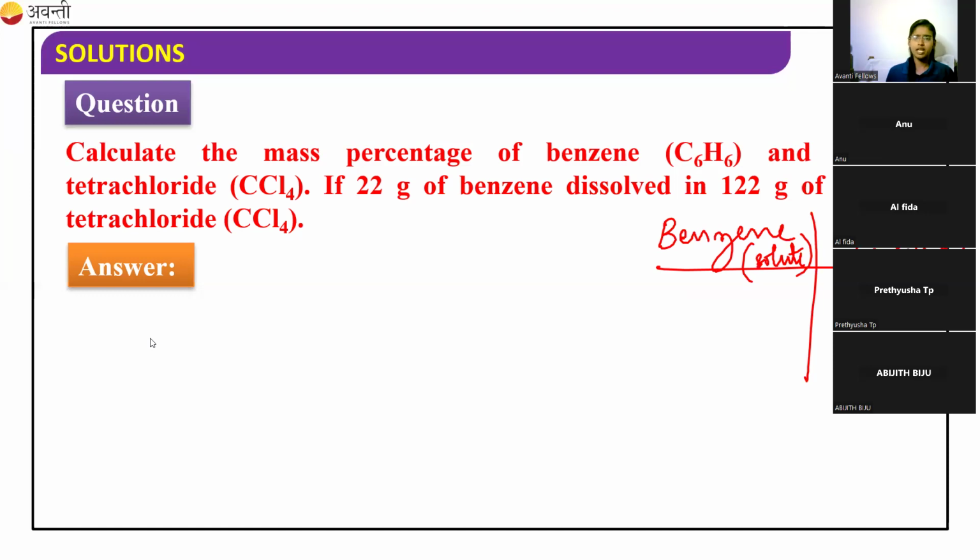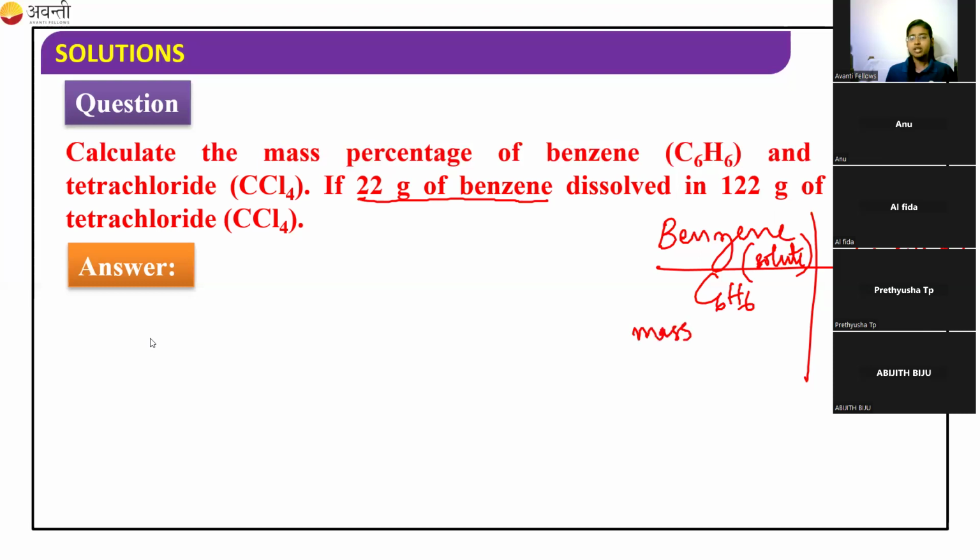Now what are the given values? First write that. The benzene formula is C6H6 and the carbon tetrachloride is CCl4. 22 gram of benzene, what is this 22 gram? It is the mass of benzene.